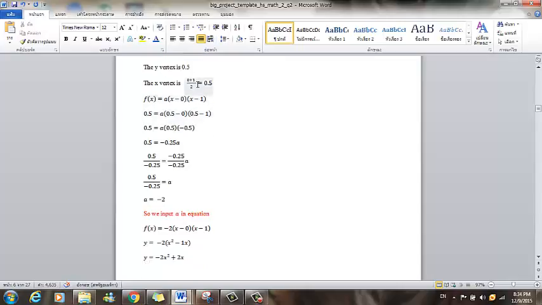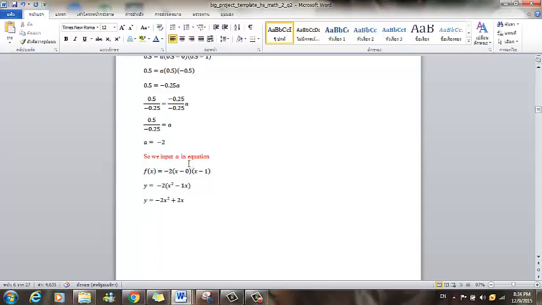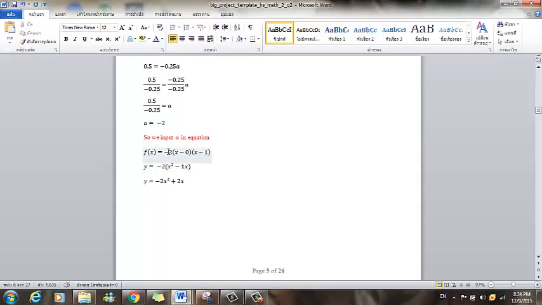And we input everything in the equation, simplify, and you're gonna get this. Then you have to get rid of 0.25 to get a on one side. Now a is gonna equal minus 2. So we input a in the equation, and we multiply it inside. x multiplied by x is x squared, x multiplied by 1 is x.